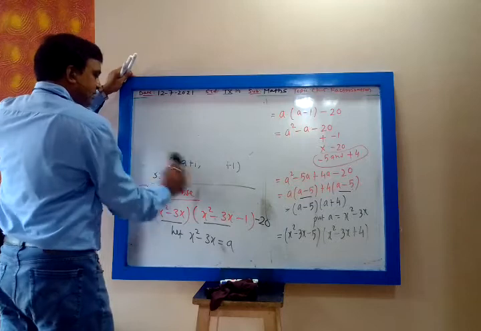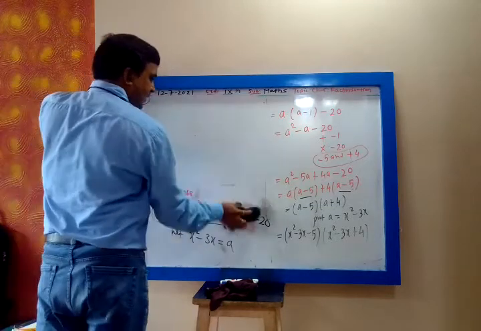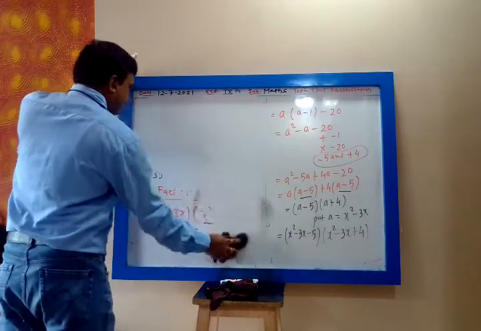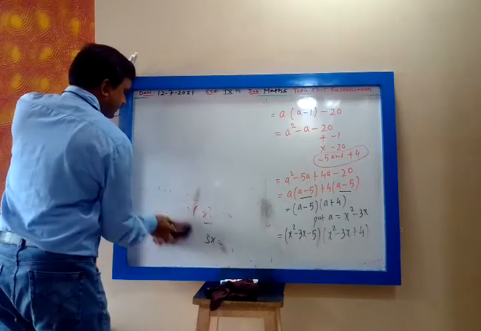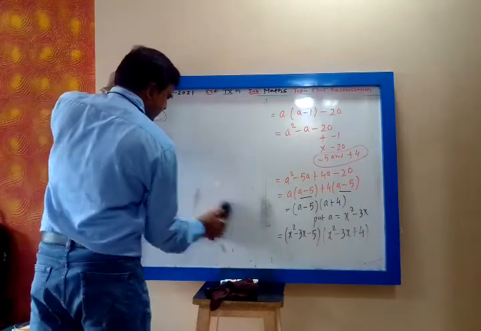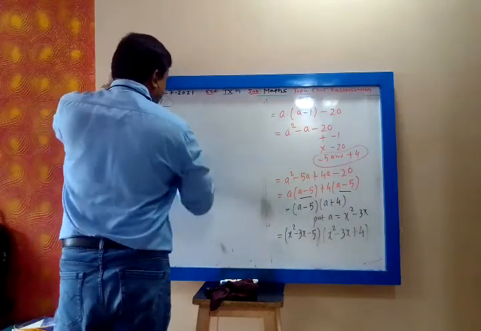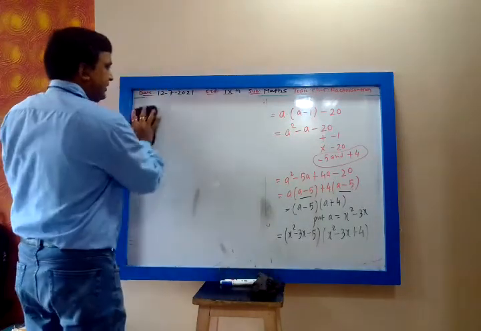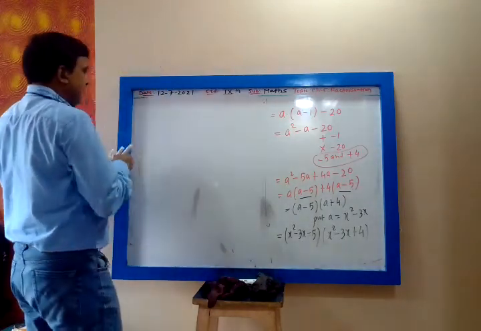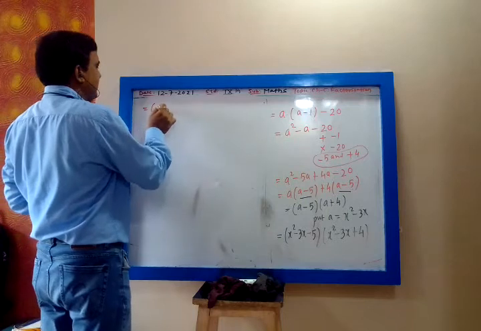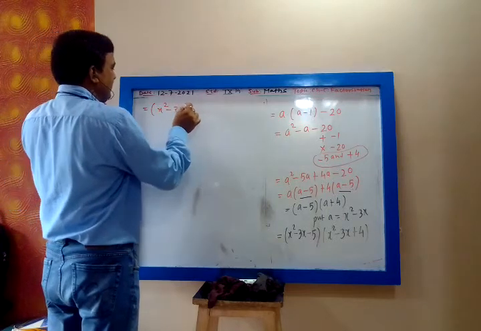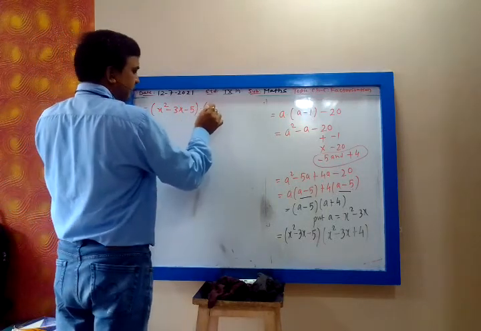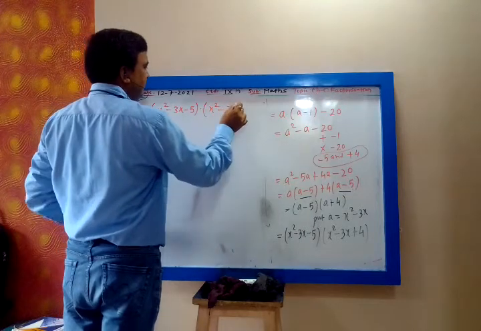Both are quadratics. You have to simplify each one of them. So x square minus 3x minus 5 into x square minus 3x plus 4.